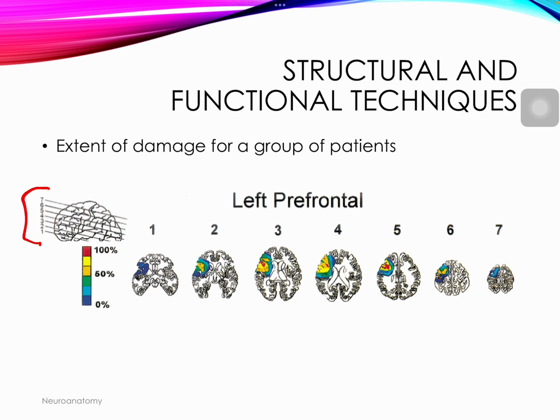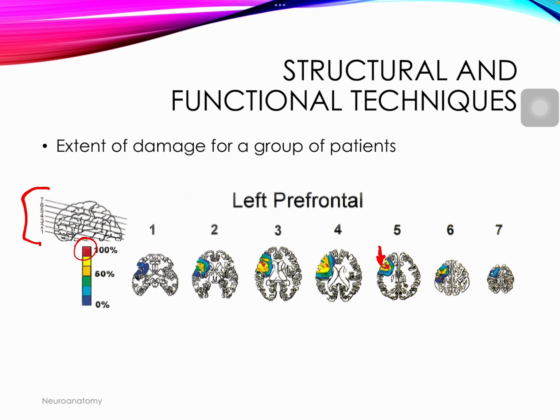So you can have these 7 different slices, and then you can actually overlay based off of, let's say this is the 5 patients. You could say, okay, if all of the patients overlap their damage to the same area, that's going to be colored red.